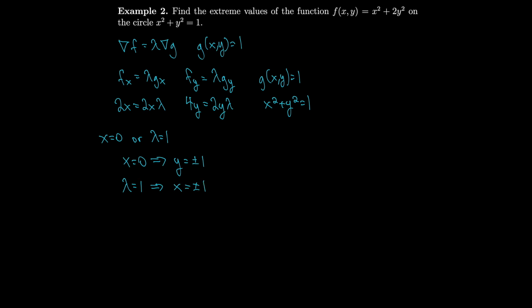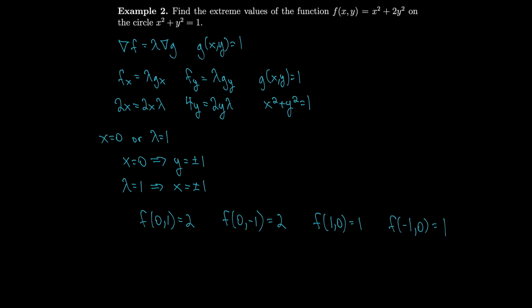Okay, so that means that I have 4 different points. I've got f of 0, 1, which is 2. I've got f of 0, minus 1, which is 2. So that's when x is 0, but then I've also got when y is 0. So that's f of 1, 0, which is 1, and f of minus 1, 0, which is 1.